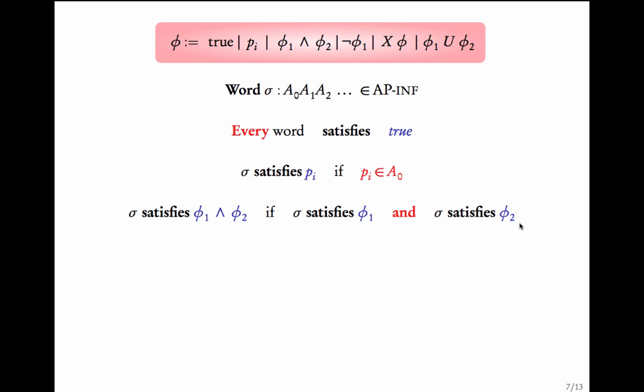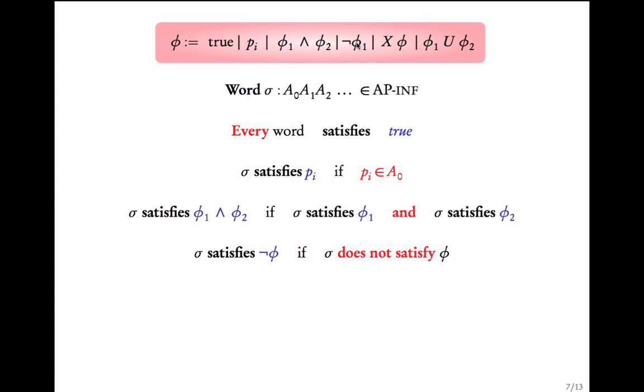We will see later during the definition of words that this indeed makes a difference. So this is a formula phi1 and phi2, but this is just a notation, right? And this says that a word satisfies this formula if it satisfies both phi1 and phi2.